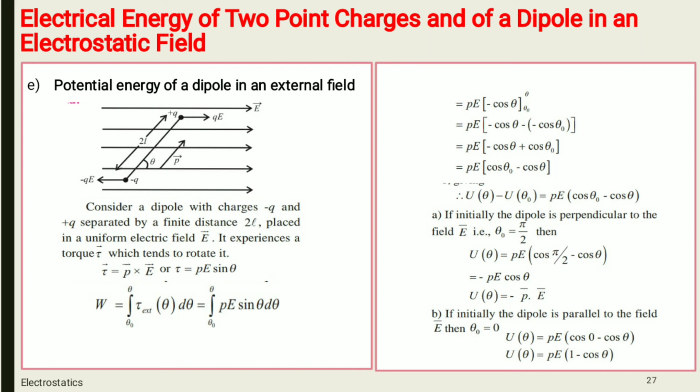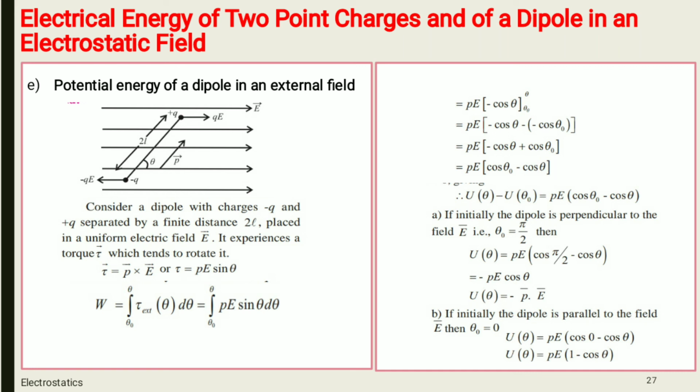So, zero potential energy can be chosen as per our convenience. So, what we choose, U(theta) minus U(theta 0) is equal to p E in bracket cos theta 0 minus cos theta.